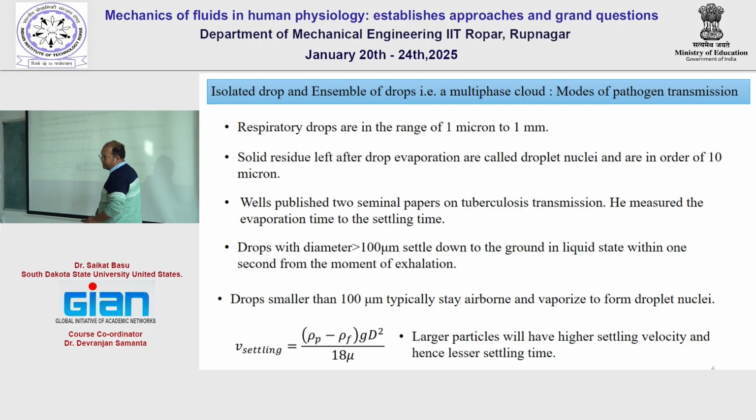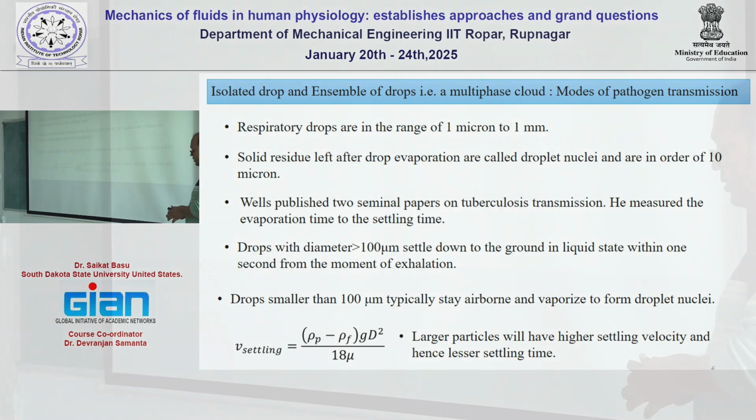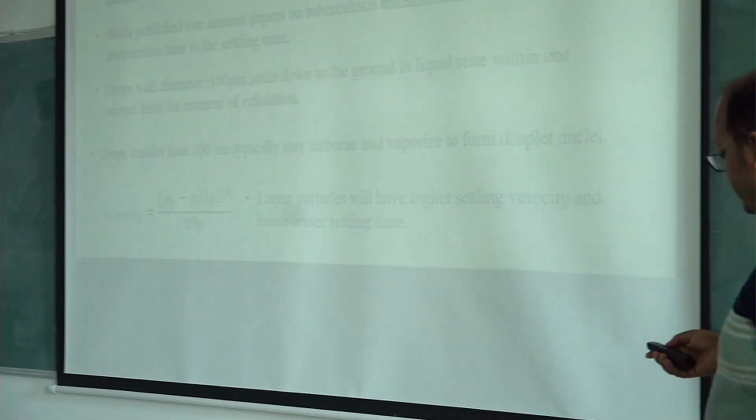But this is the general formula. You can see that d squared essentially decides that the large drops can settle down quickly.